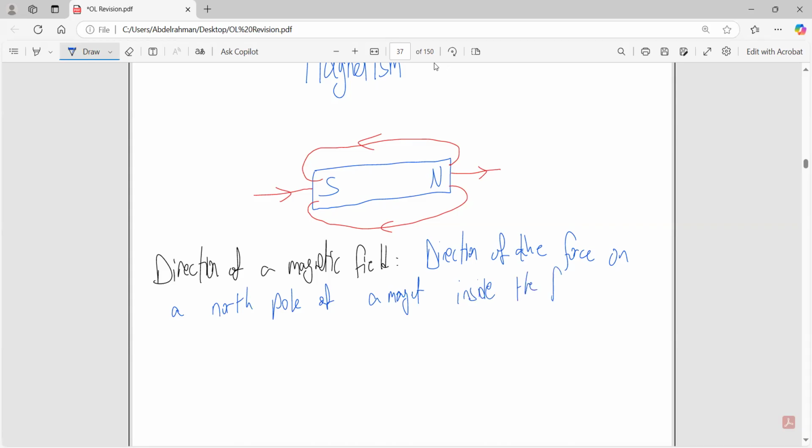What does this mean? It's the direction of the force on a north pole inside this magnetic field.